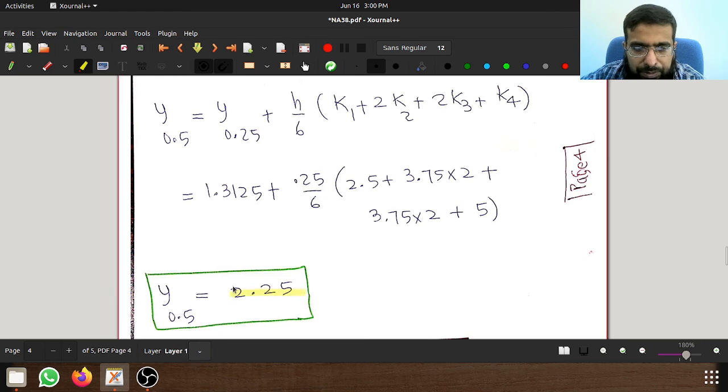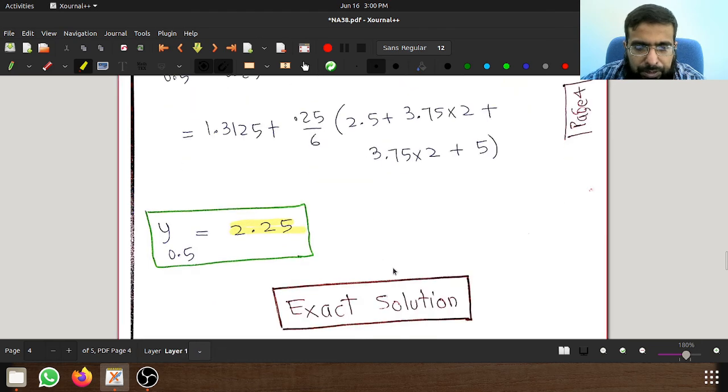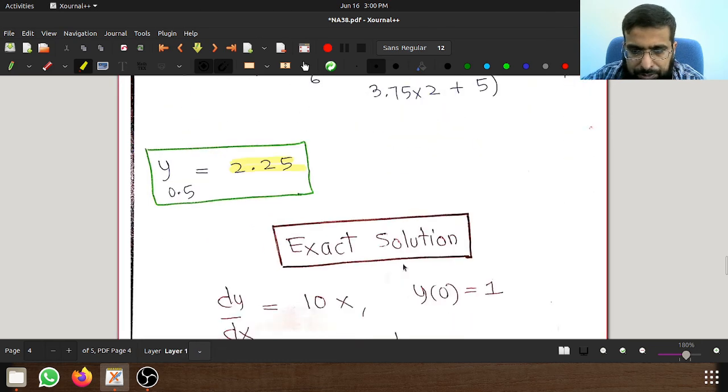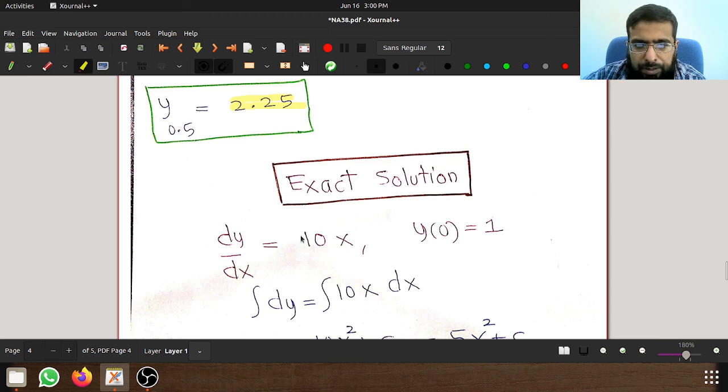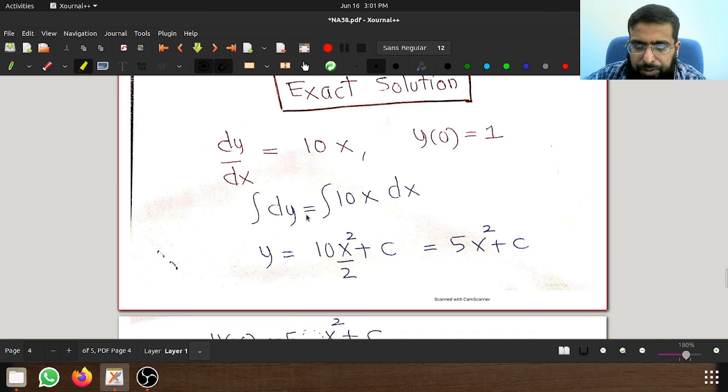So let's check whether this result is accurate and how accurate it is. The exact solution, which we studied in the last course on linear algebra and differential equations, is that this is a variable separable type of differential equation.